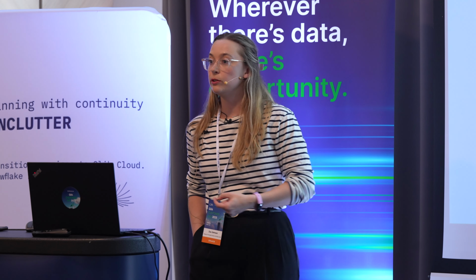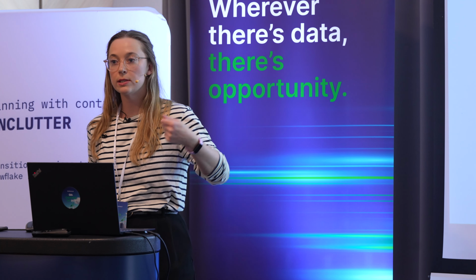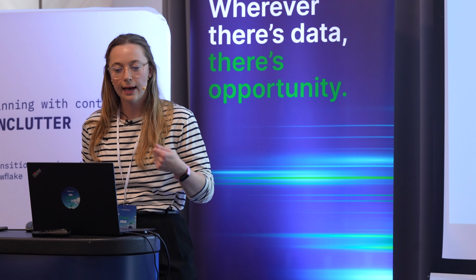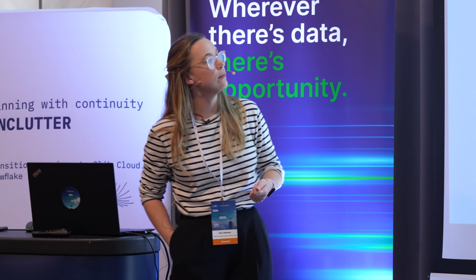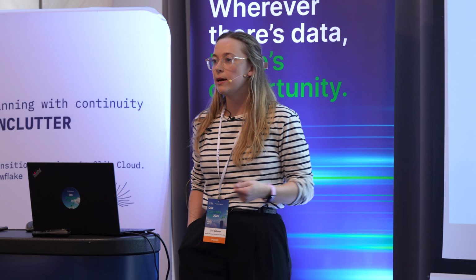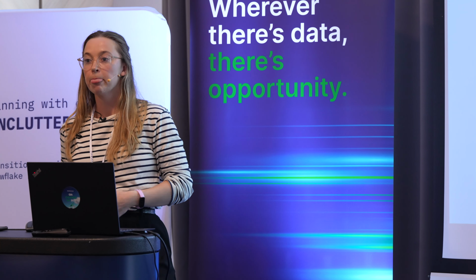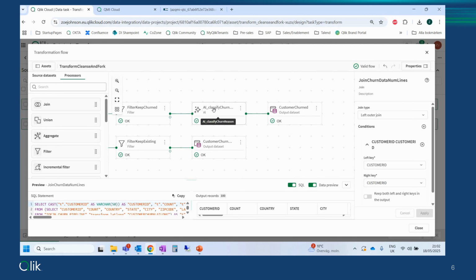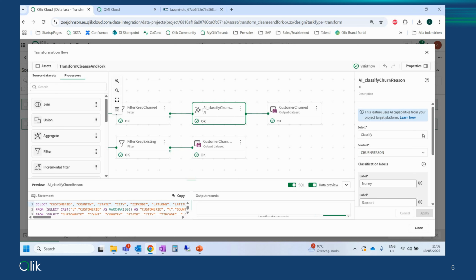So what I can do as somebody who owns the data before it gets to Hanu is I can actually use Qlik Cloud's transformation pipeline to do some AI classification. Now this is where I can basically take my data. On the right-hand side, I can choose from a range of AI functions.